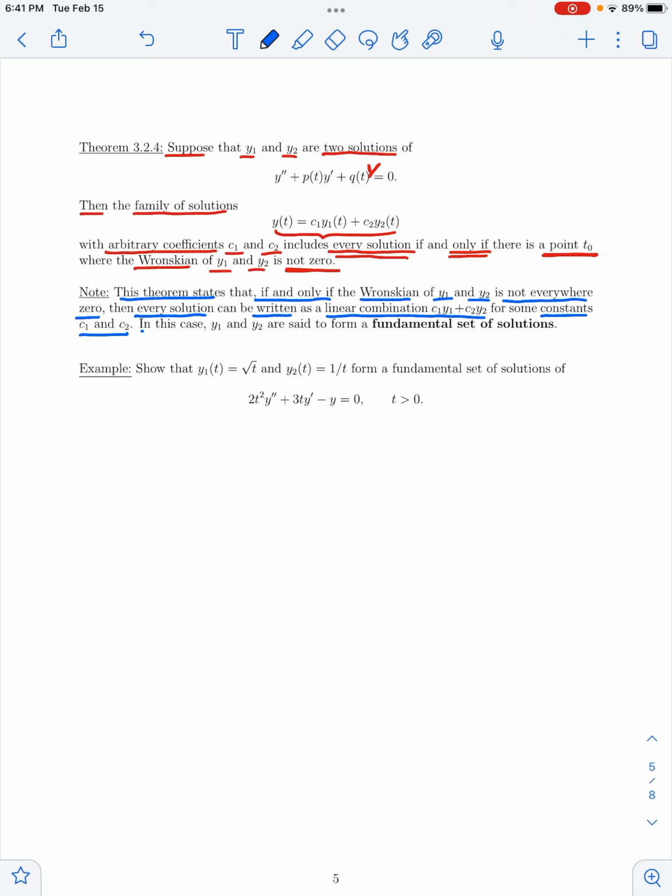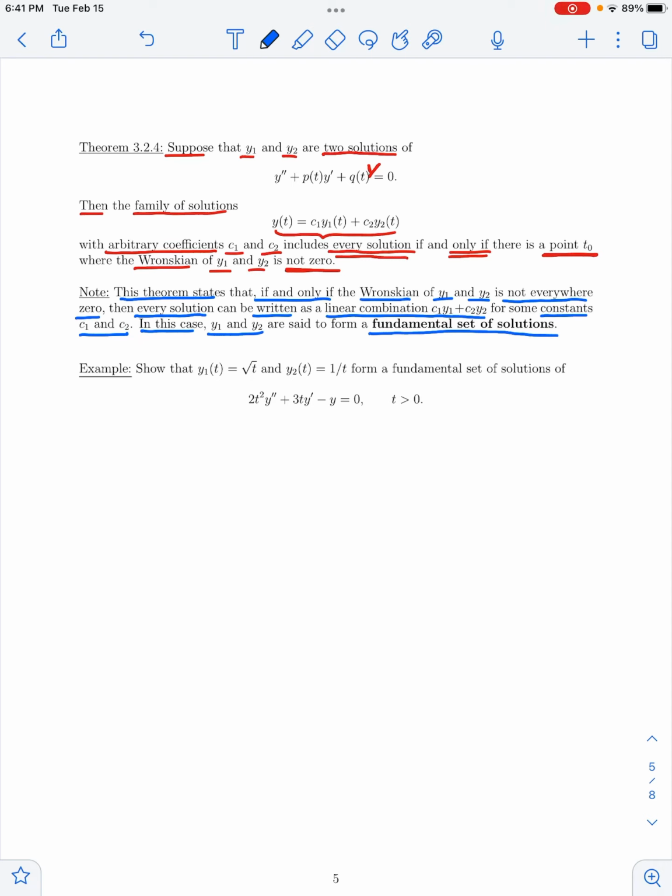And in this case, that we have found two solutions whose Wronskian is not always 0, then y1 and y2 are said to form a fundamental set of solutions for that differential equation.